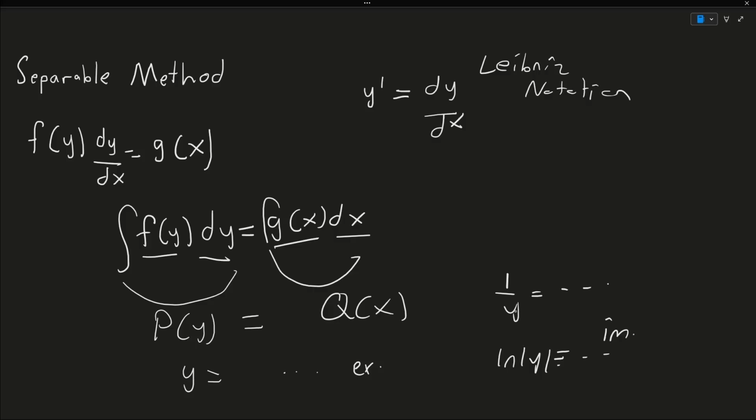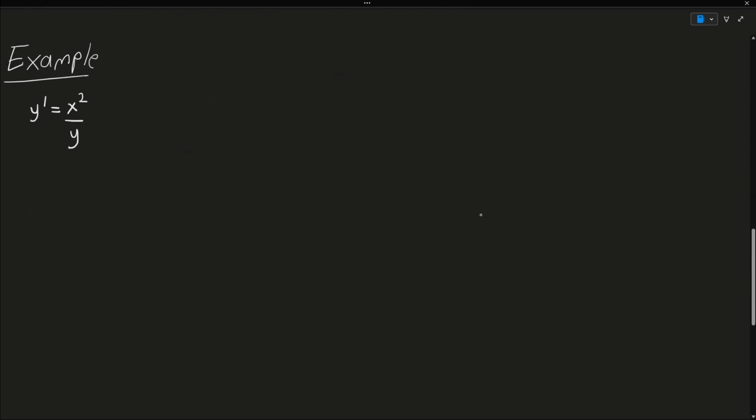My best recommendation is, if it's possible, always give explicit solutions, because some professors and some tests look for explicit solutions even though they don't mention that in the problem. So I would always keep an eye out for explicit solutions. If it's not possible, you can leave it as an implicit solution. That's also fine. Let's now work on this example problem.